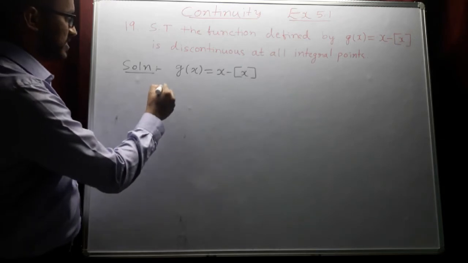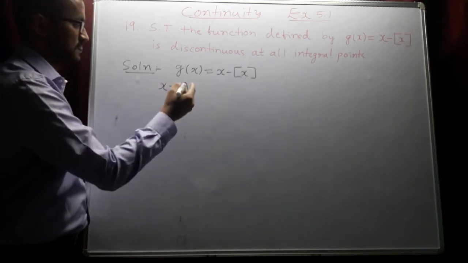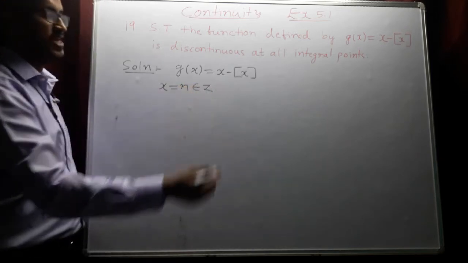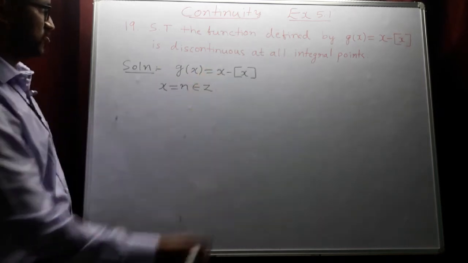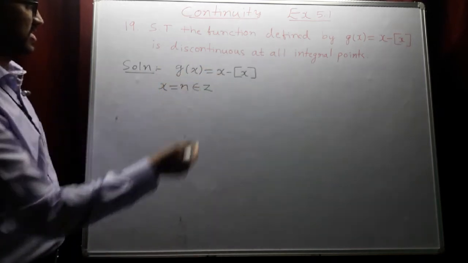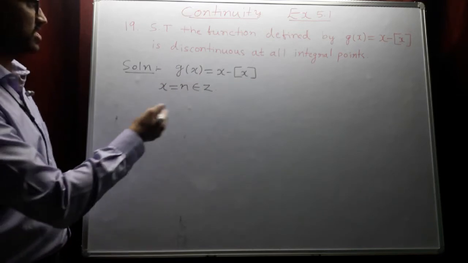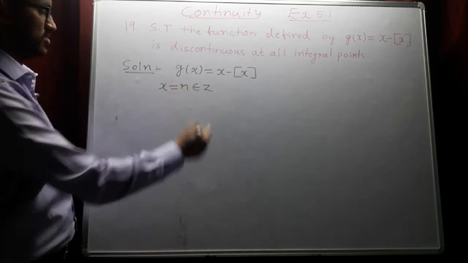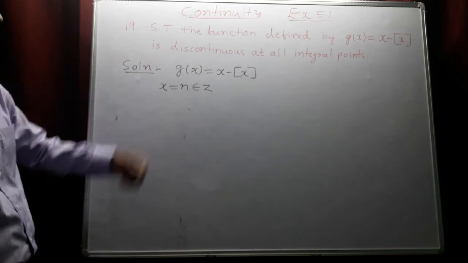Consider any integer, let x equal n, where n belongs to Z. So n is any integer. Discontinuous means what we have to prove? If the left hand limit is not equal to the right hand limit, or not equal to the value of the function at the point, then we can say that the function is not continuous.